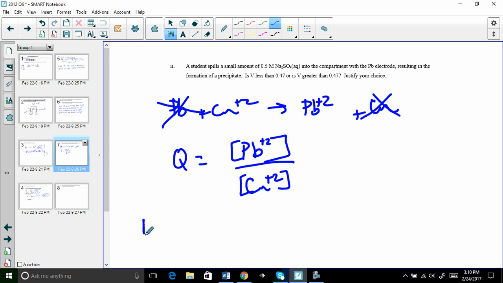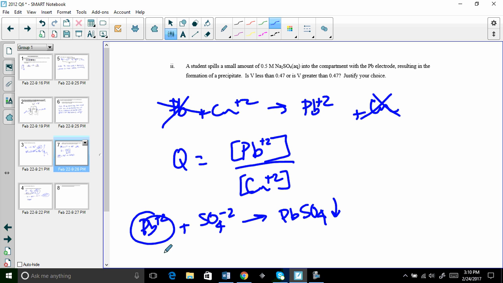So Pb2+ hits a sulfate ion in solution and they form a precipitate, which has the effect of decreasing the concentration of this. So keep in mind, this is still 1 molar, but in this compartment, this is less than 1 molar.